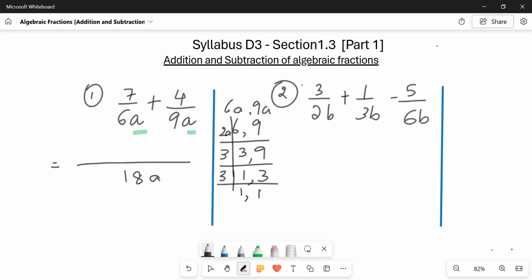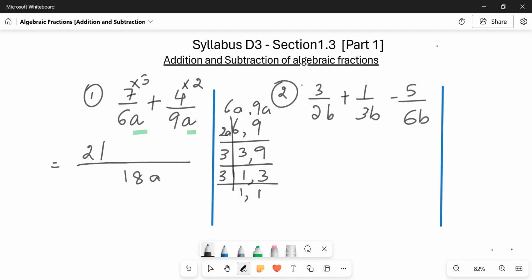So 18A. Now 6, what's are 18? 6 times 3 gives you 18, right? So here I'm going to write down 3. And 9, what's are 18? 9 times 2 gives you 18. Basically, I'm doing division here. So 7 times 3 gives you 21.